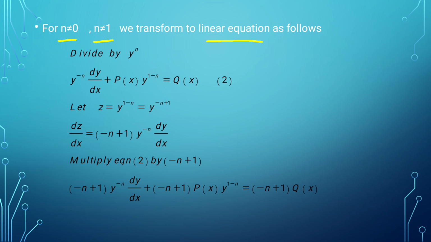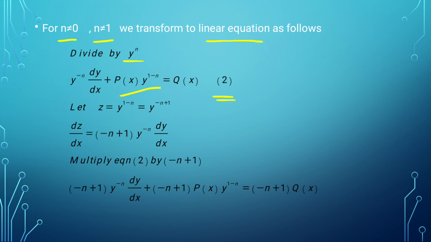So what do we do? We normally divide by y to the power n, and we get this equation 2. Then we let z be whichever is with P(x), that's y to the power 1 minus n. Having done that, it has now changed to linear.